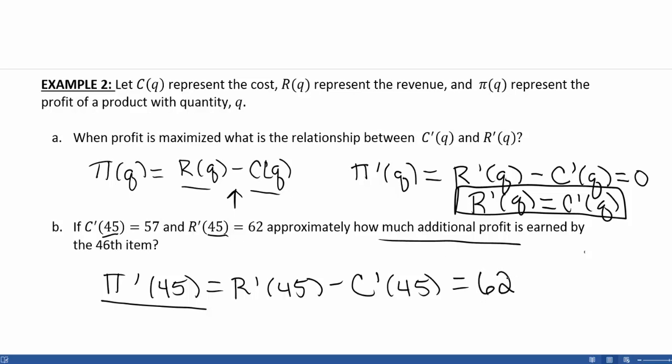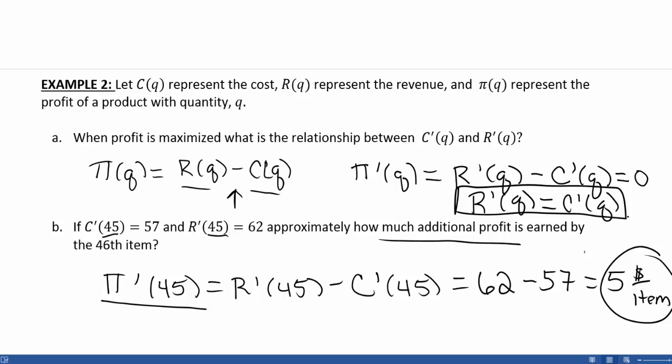It's going to be $62 per item minus $57 per item, which tells me that the marginal profit is $5 per item. So that tells me that if I were to go from making and selling 45 items to making and selling 46 items, I will receive an additional $5 in profit.